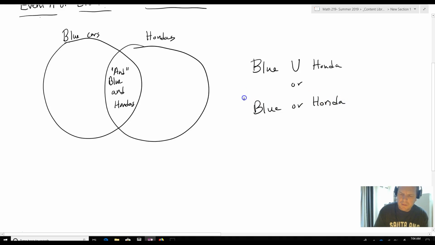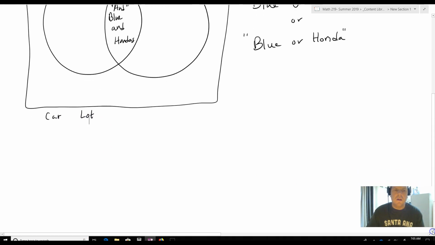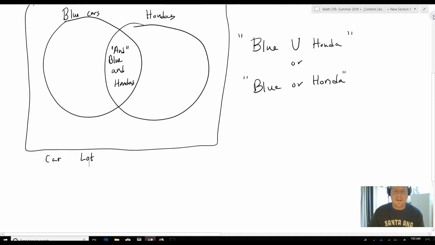Okay? In this case, if we pick a car from our entire sample space, which is the car lot, okay, so we have the car lot. If we pick a car and it has either one of those qualities, then what we say is that it's in the union.